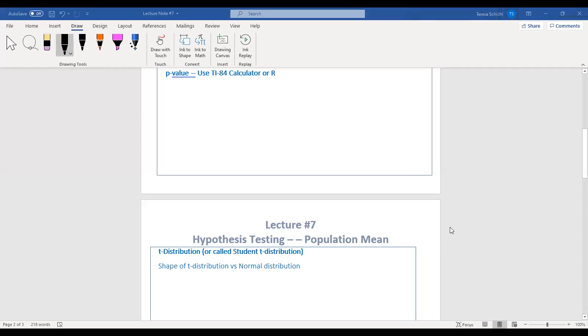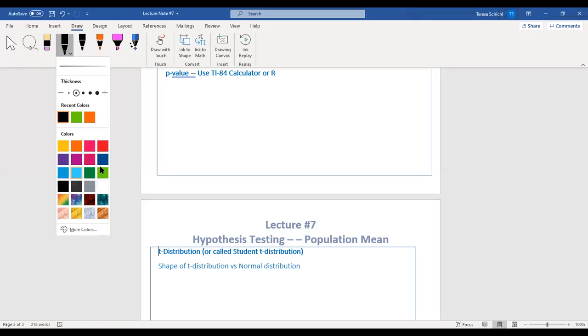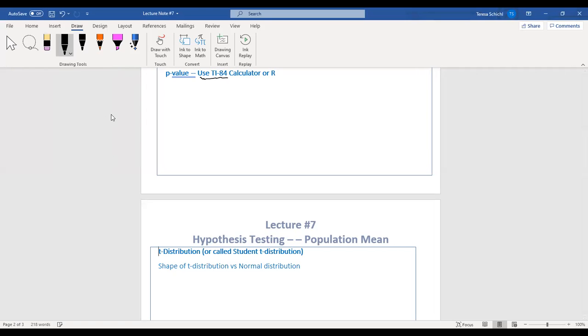Let's start. For the p-values, we talked about last time that you can use the TI-84 calculator.